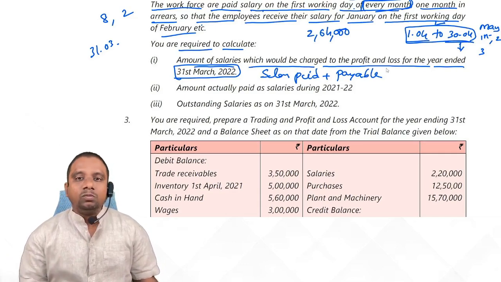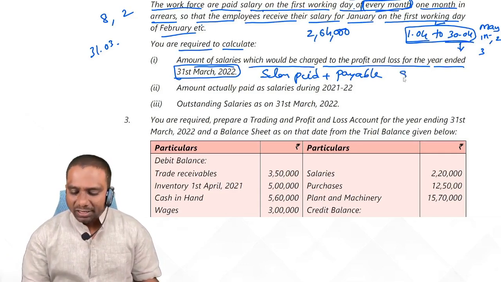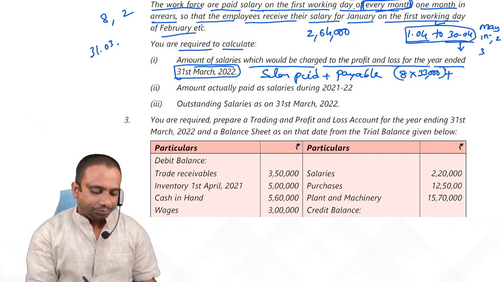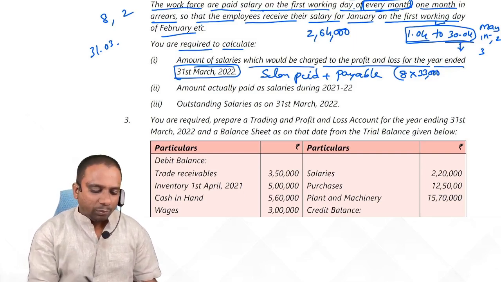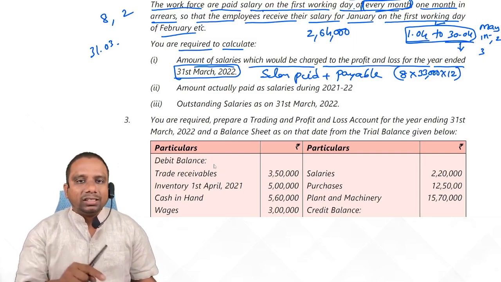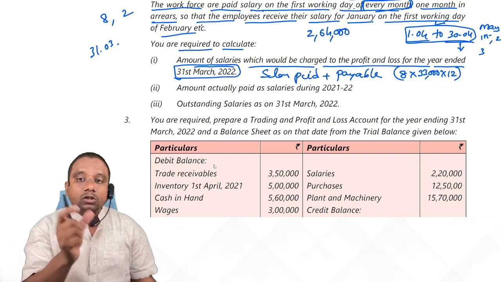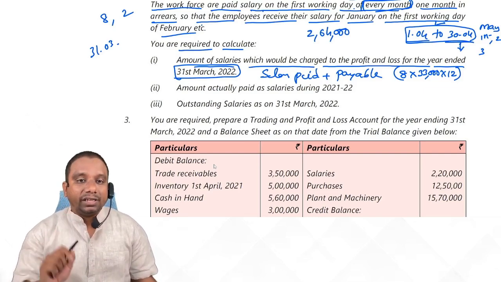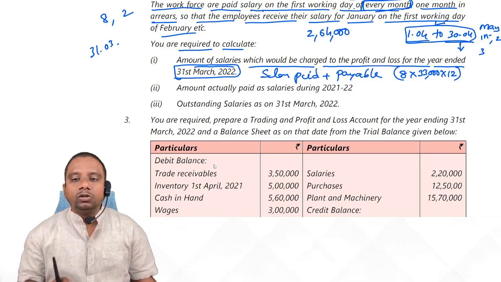Now calculate how much salary is paid in total. For the year 21-22 we pay 11 months' salary to the employees and 1 month is in arrears. In the P&L account we show the total amount.